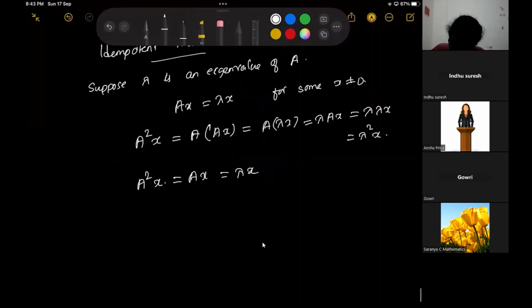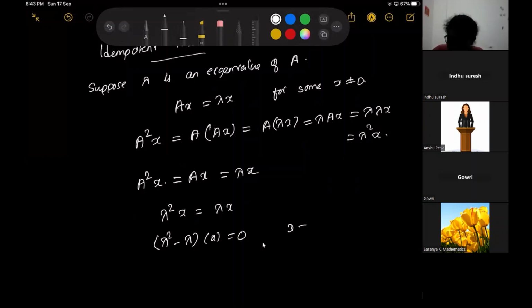So we can equate: lambda square x equals lambda x, or lambda square minus lambda into x equals 0. Here x is a non-zero vector, since it is an eigenvector. So since x is non-zero, the only possibility is lambda square minus lambda equal to 0.